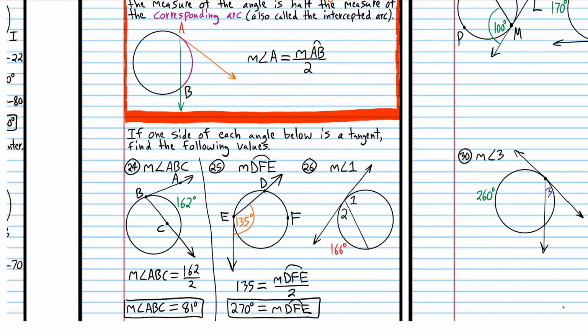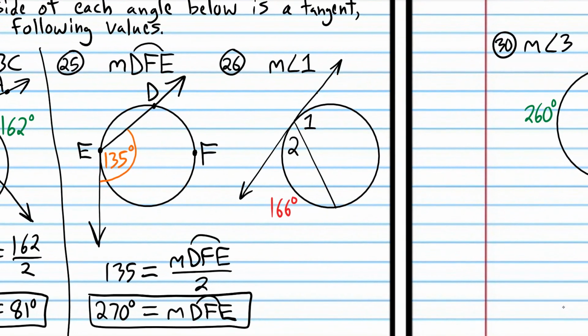So just be aware of that. We're looking for the measure of angle 1, this angle here. If we had this arc measure, we could just divide by 2 and find that immediately. But we have only this arc measure. So we're going to divide 166 by 2 to get this angle, and then we'll just subtract the measure of angle 2 from 180, and that'll give us the measure of angle 1.